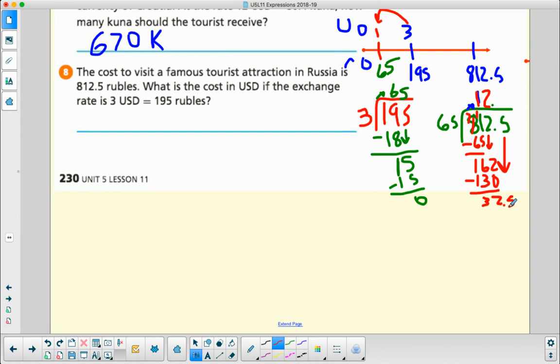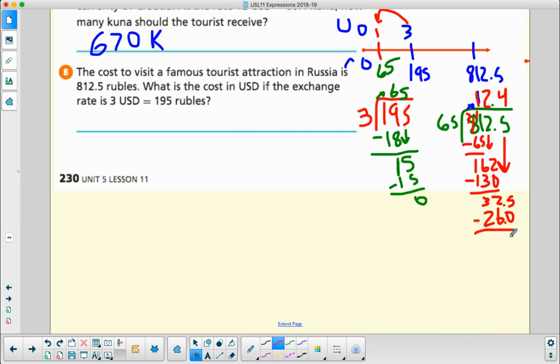Okay. It looks like 2 was 130. How many 70s in 32 would be 4? So let's try 4 as an estimate. 4 multiplied by 65. Well, 4 multiplied by 60 is 240. 4 multiplied by 5 is 20, would be 260 tenths.